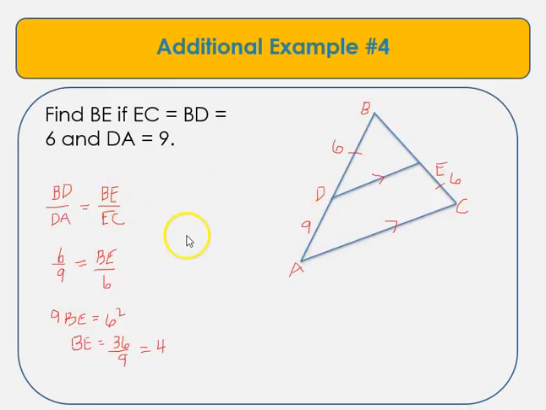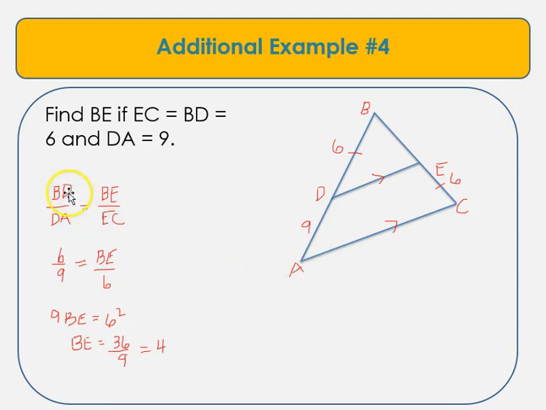And the last one is additional example 4. We have the side splitter theorem, and it says find BE, which is this piece right here, if EC equals BD, and they are both a length of 6, and DA equals 9.